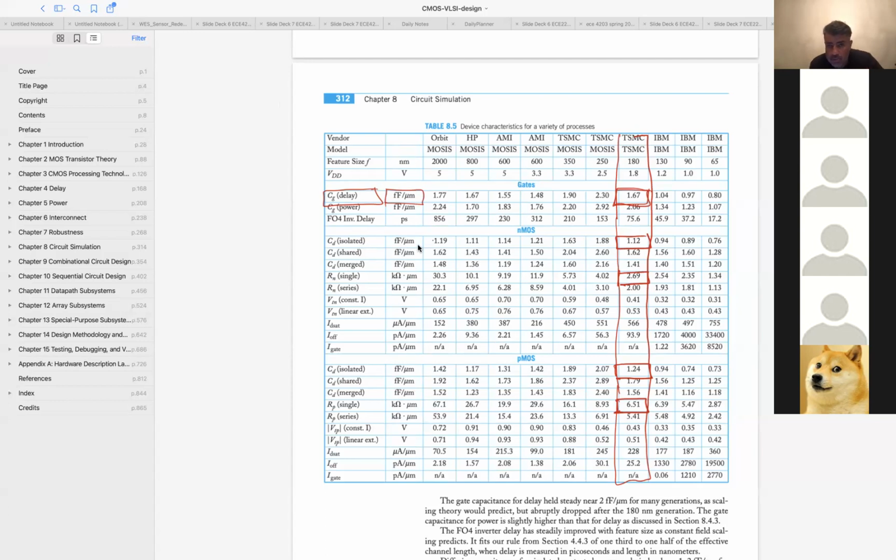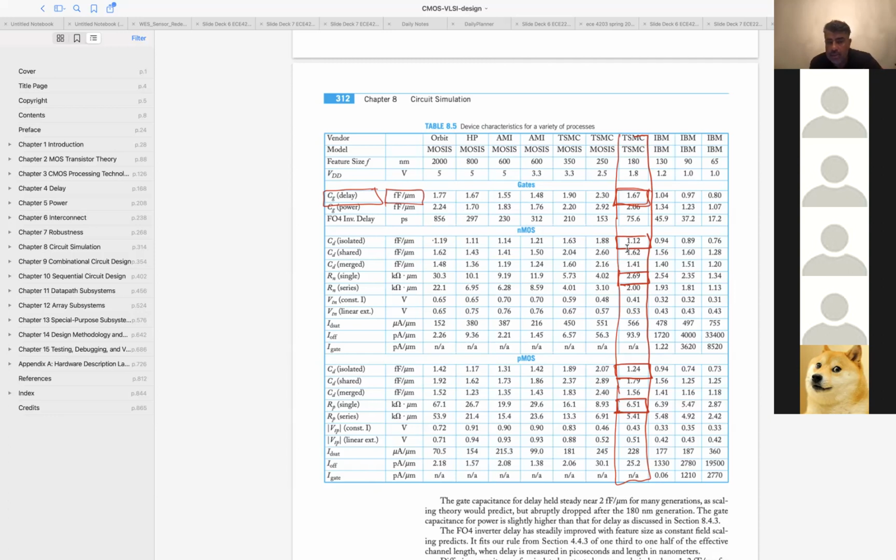Again, kind of weird. So this is C sub D here. Hopefully you guys see my cursor. So in the case of the TSMC process, it's 1.12 femtofarads per micron of capacitance. And now the distance measurement is femtofarads over micron as opposed to resistance.